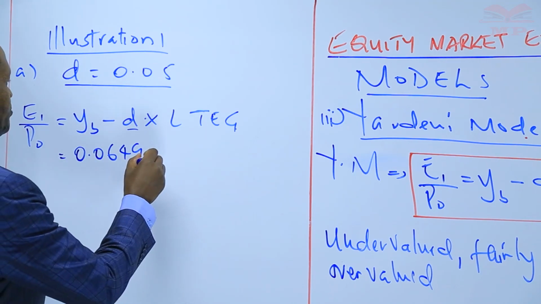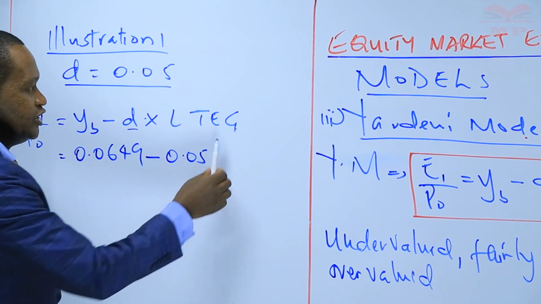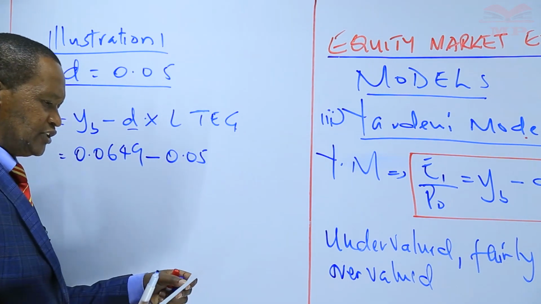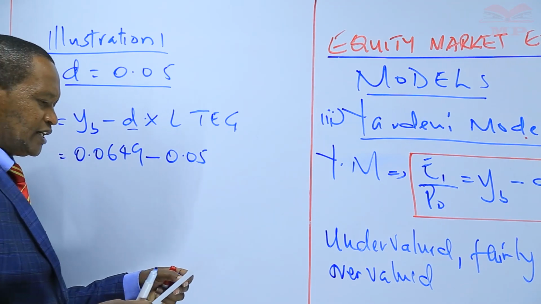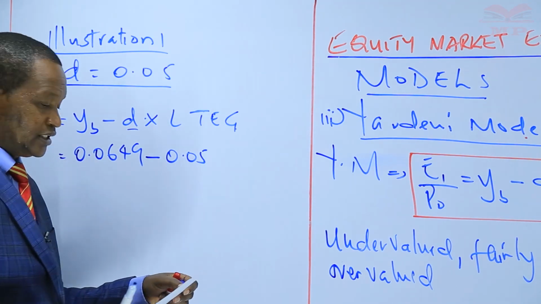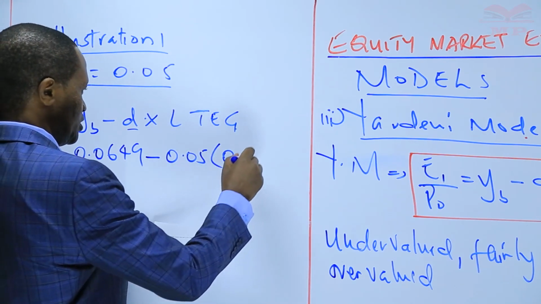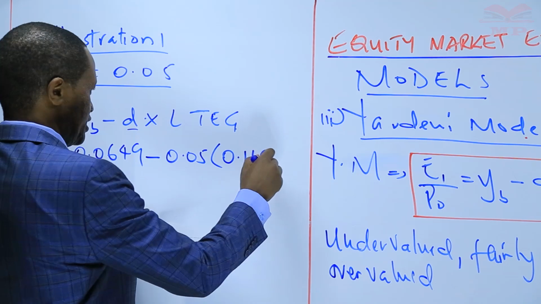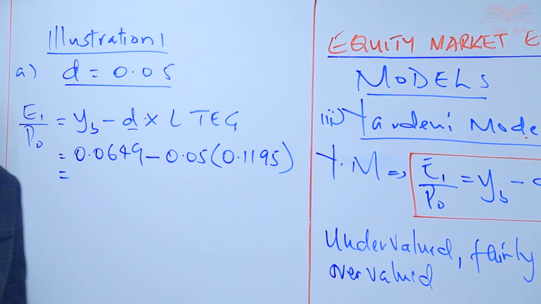So we have minus 0.05. Then we have the LTEG from the question. The long-term earnings growth is 11.95 converted into decimal, that is 0.1195. That will give us the earnings yield according to Yardeni model.